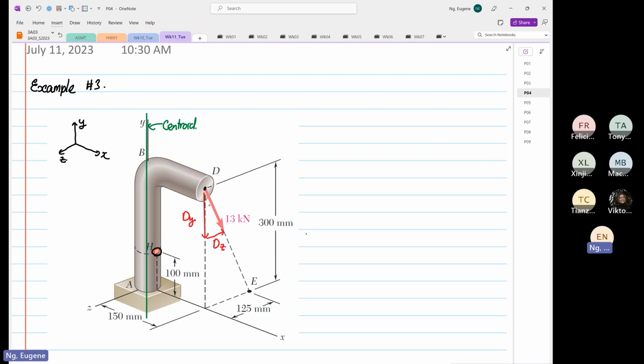You can use an angle, so we're going to call this theta. So we find what is our theta first.